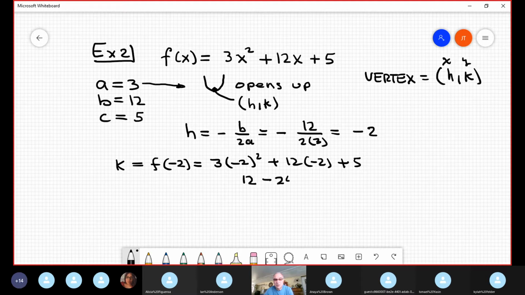This is minus 24 plus 5, because 12 times negative 2 is minus 24. The answer is negative 7. Very well. So I discovered that my parabola opens up, but the vertex is located at the point (-2, -7).